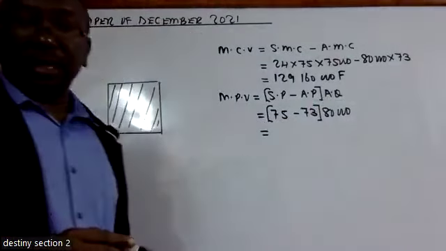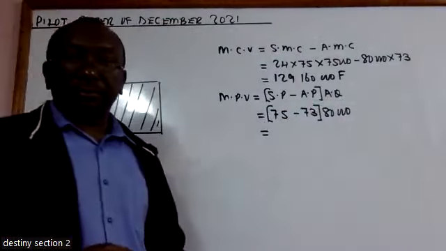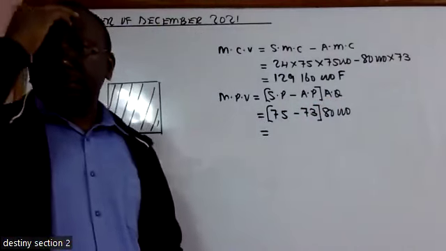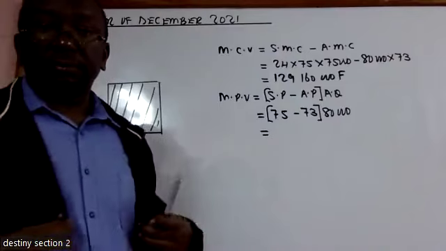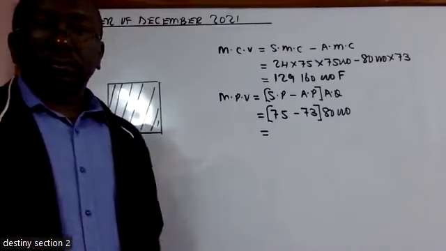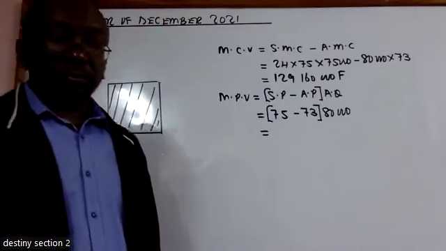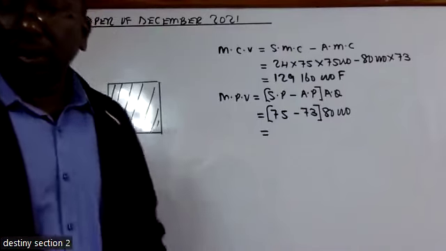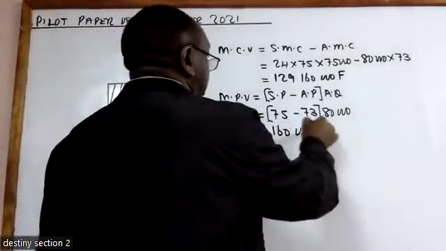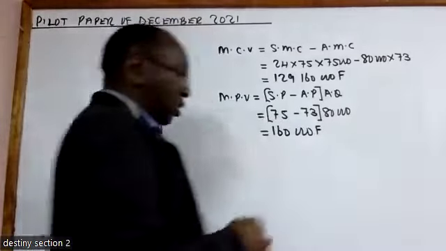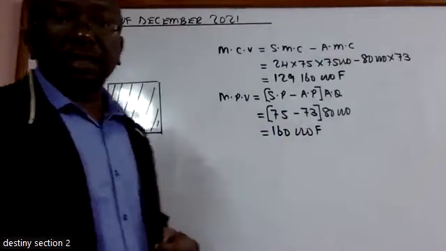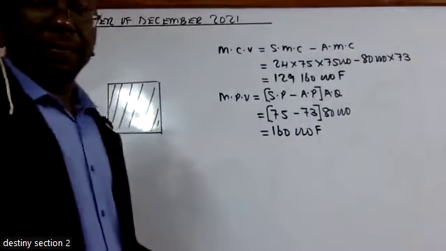So tell me what is the answer there? 160,000 favorable. It's 160,000 favorable because we paid a smaller fee.